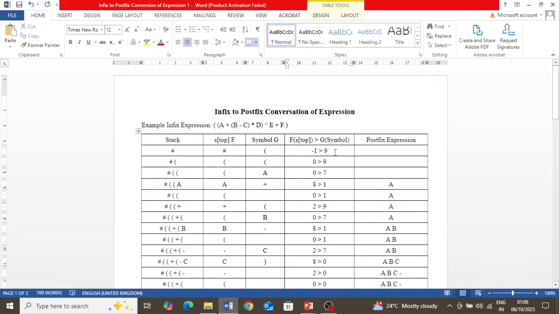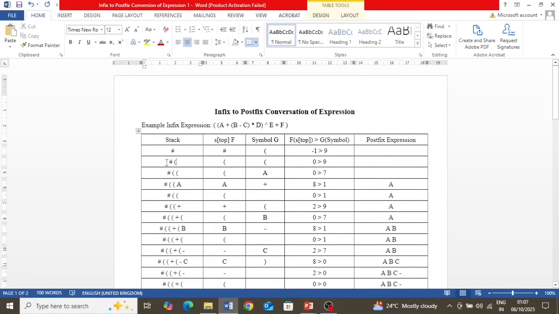The second step tells that if the precedence value of the symbol is higher than the precedence at the top of the stack, then 9 is greater than -1. In this case, we push the symbol received from the input infix expression into the stack body. So in the second step, I am pushing the opening parenthesis into the stack body.